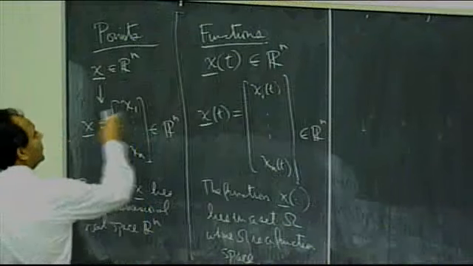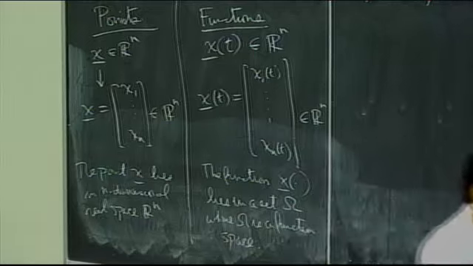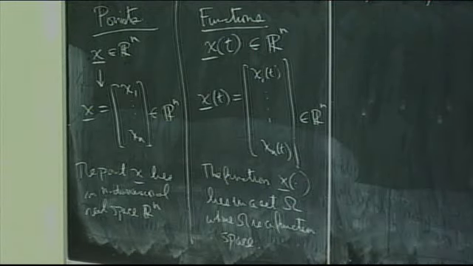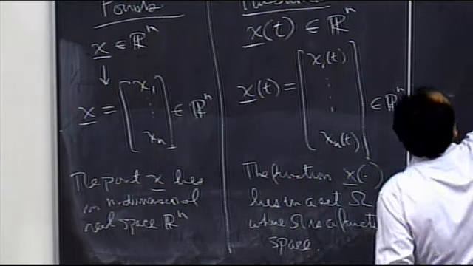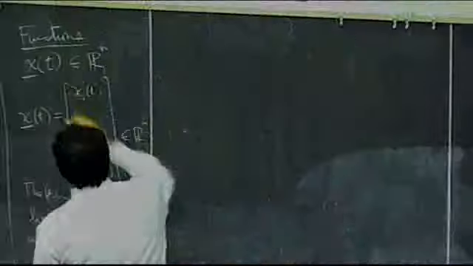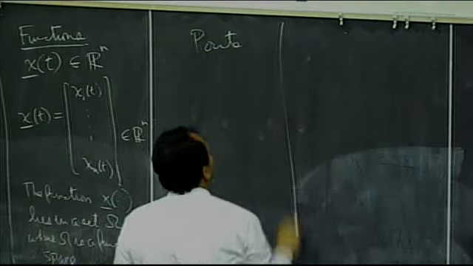So when we do things with these, especially when we're talking about the concept of derivative, it doesn't apply the same way to functions that it does to points, all right? Now let's talk about two things here. I'm still on this thing with points and functions, so this column is continued.